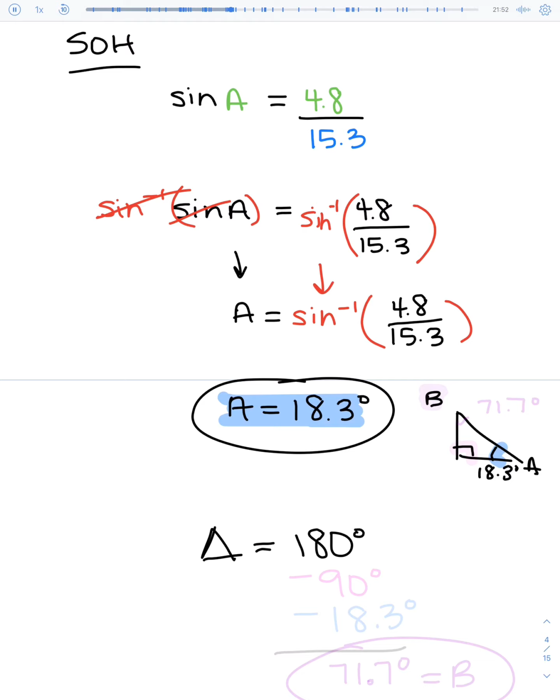So I can take out the ones I already have. I already have a 90-degree angle because I have a right triangle, and I have my 18.3 degrees. Whatever's left over when I take out those will be my angle B. So let's go ahead and subtract, which gets us a total of 71.7 degrees for our angle B.